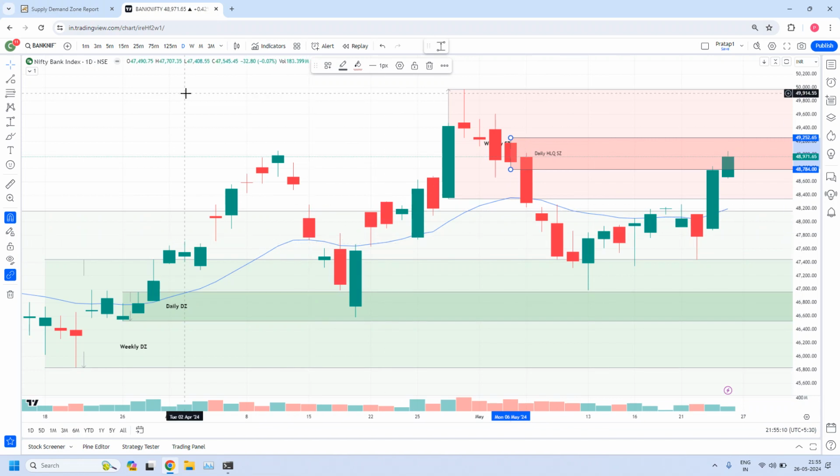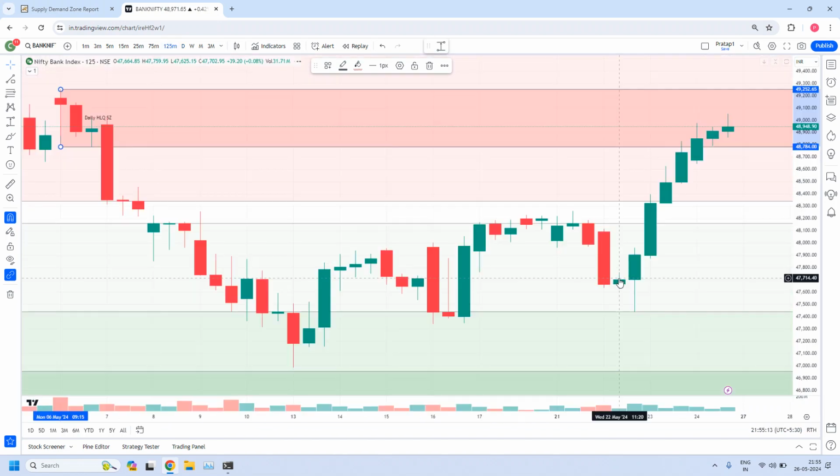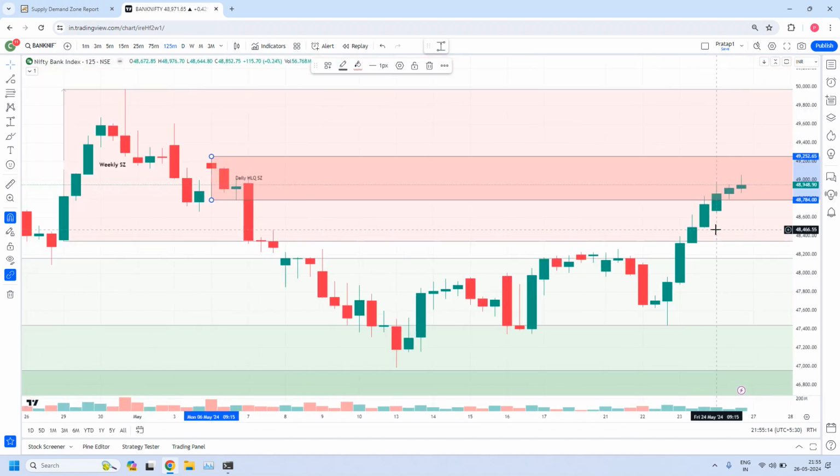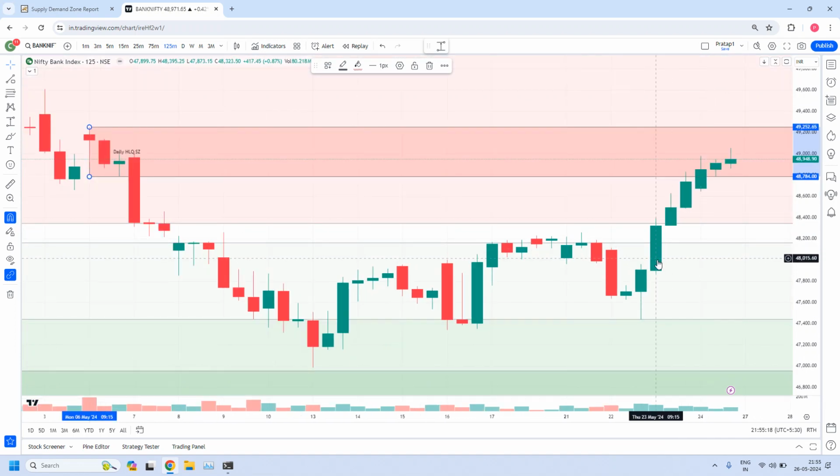Oh, I'm sorry. I'm in the daily time frame. Let me change the time frame to 125 minutes. That's why I'm wondering where this candle is missing. 22nd May 9:15. This is the drop, base, and this is the rally candle at 13:25.